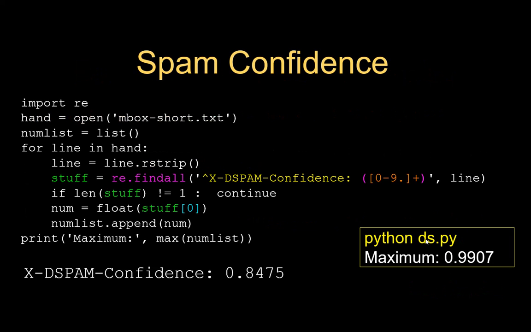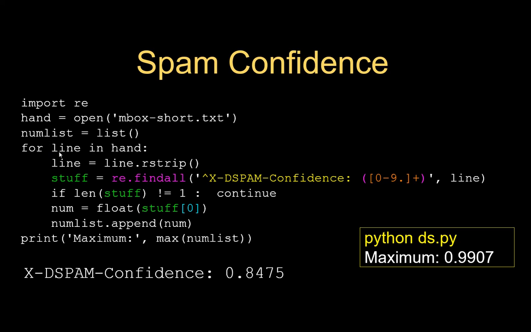Okay, so in this example, what we're going to do is we import the regular expression library, we open the file, we put it in the variable hand, which is a file handler. We create a list, we call it numlist.